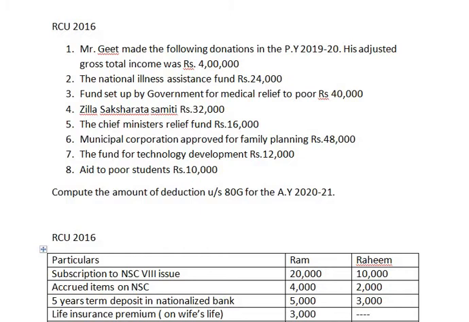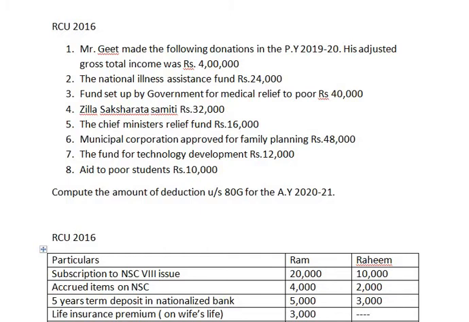So this one, National Illness Assistance Fund, Government for Medical Relief to Poor, Zilla Saksharta Samiti, Chief Minister's Relief Fund, Fund for Technology Development, these are no limit 100% deduction. You just have to total these figures, 24, 40, 32, 16 and 12,000, and take it directly to the outer column because these are no limit 100% deductions.